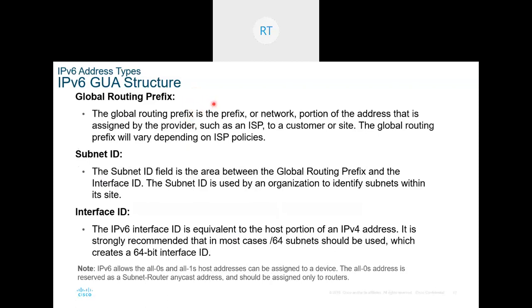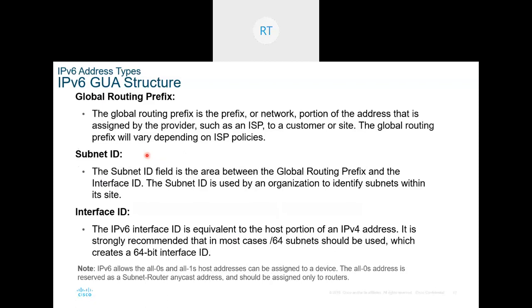When it says slash, it means 48 bits. Here in this slide, they're saying the global routing prefix is the prefix for the network portion of the address that is assigned by the provider, such as an ISP, to a customer or site. It will vary depending on the ISP, but usually that will be a 48-bit address.